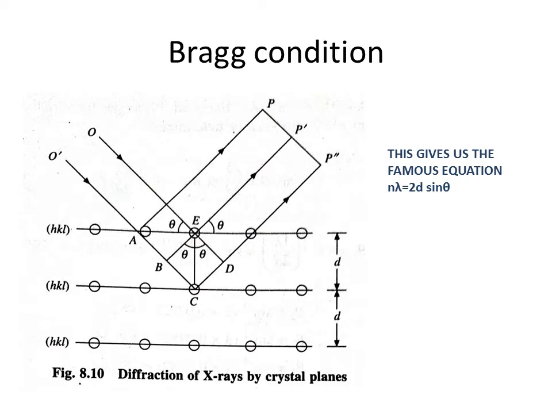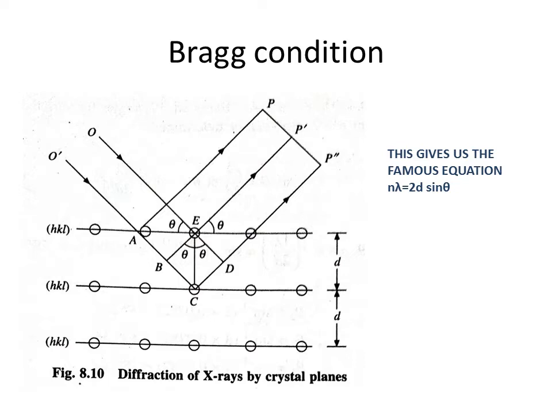So what is the condition for getting constructive interference here? It means the path difference between these two waves which are diffracted from the first and second planes should be equal to an integral multiple of lambda, where lambda is the wavelength of the X-ray beam which is used.